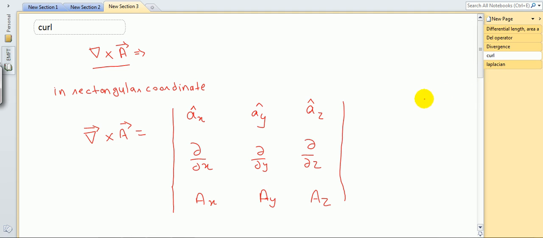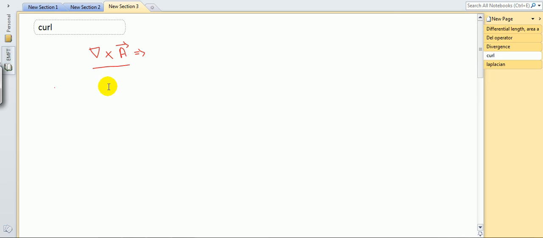Curl of a vector is nothing but the cross product of the del operator with a vector. Previously I did the dot product of the differential operator with a vector, and that was known as divergence.